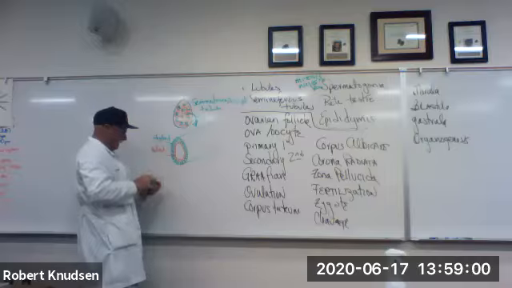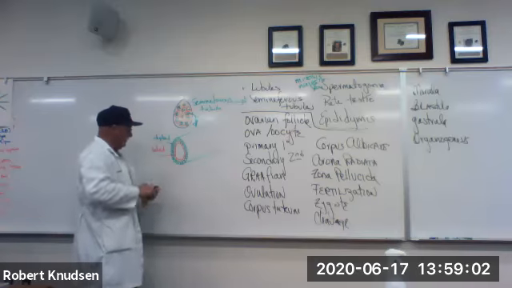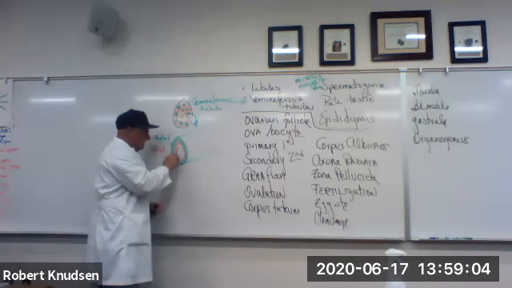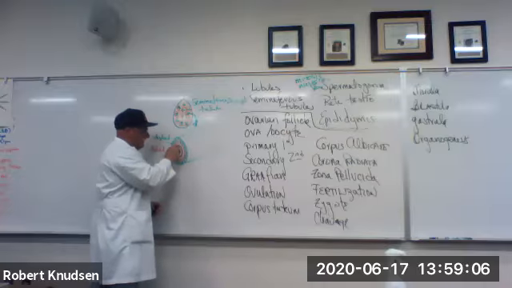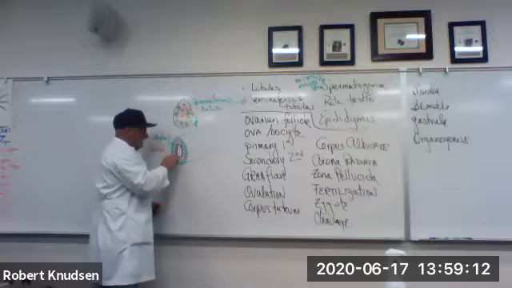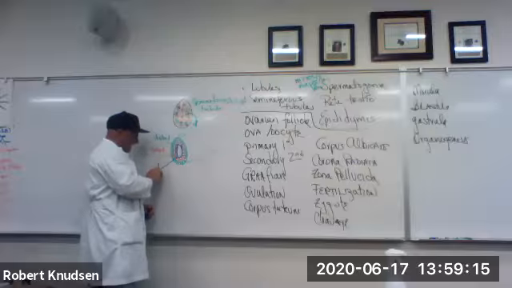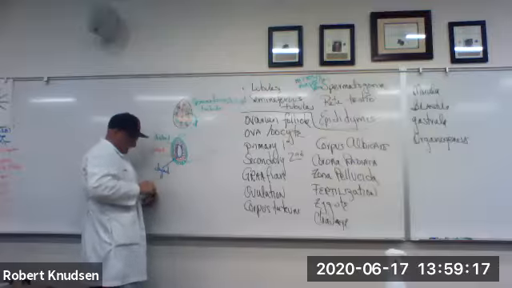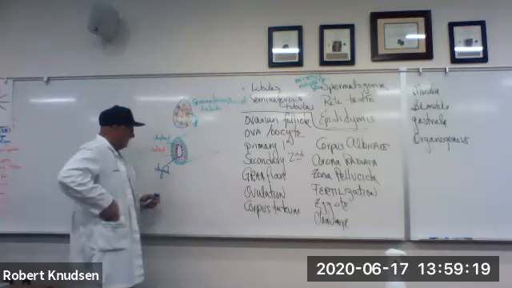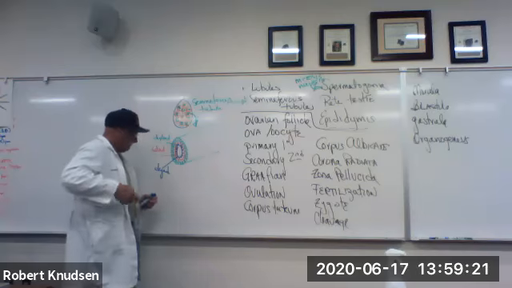Got it? And then it's going to go to blue. After a tetrad, what does it go to? What's it go to? Think. Okay, after a tetrad and the centromere splits, it becomes a dyad. What color do I have left? Black.